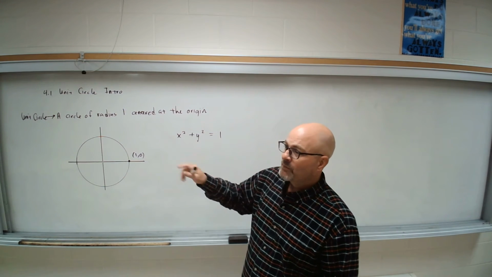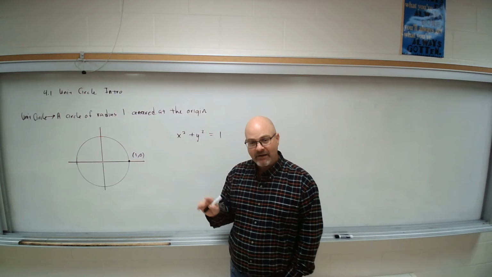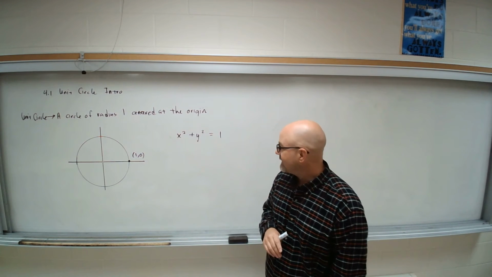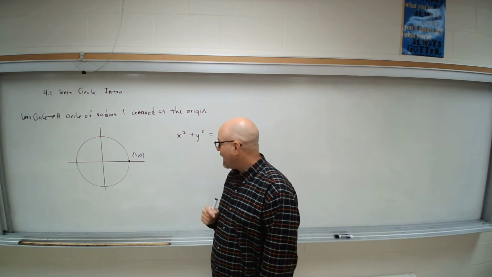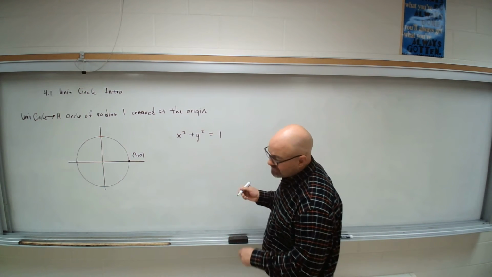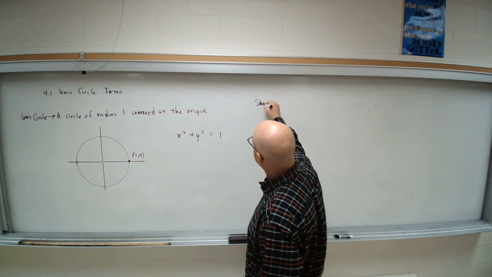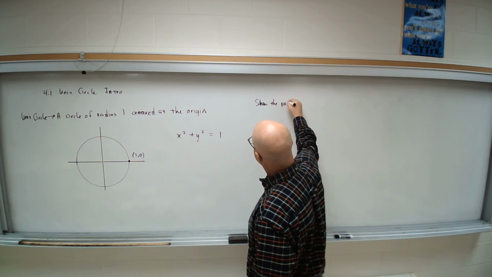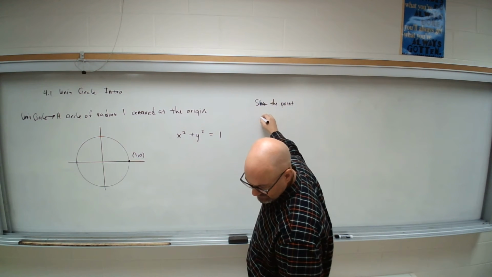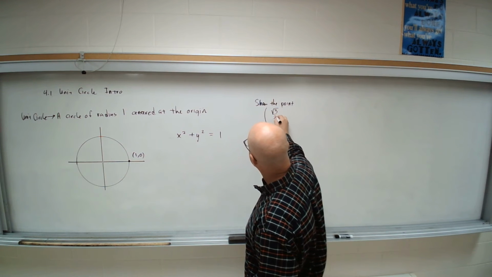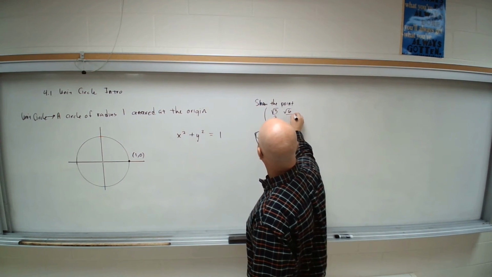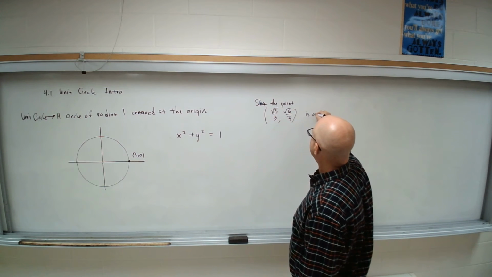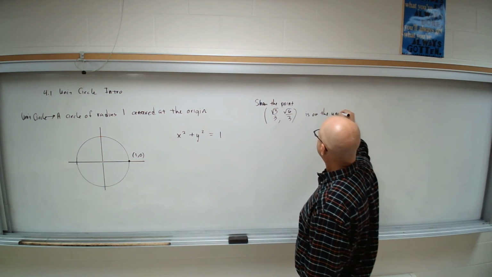But with this, we'll be able to do all the angles, positive, negative, all kinds of neat stuff. So one thing we want to do here, which is just great algebraic practice too, is we want to show the point radical 3 over 3, radical 6 over 3 is on the unit circle.